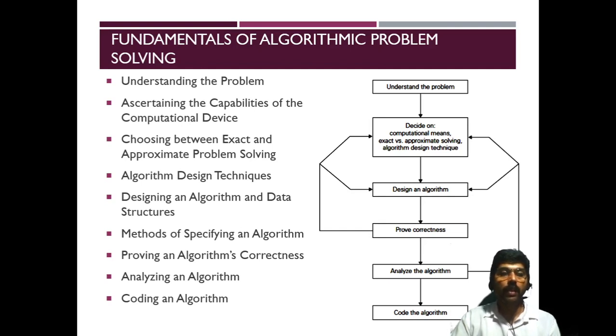The second step is ascertaining the capabilities of the computational device. The majority of algorithms are still designed for the von Neumann machine, also called the random access machine. In these machines, the assumption is made that instructions are executed one after the other, that is, in sequential order.